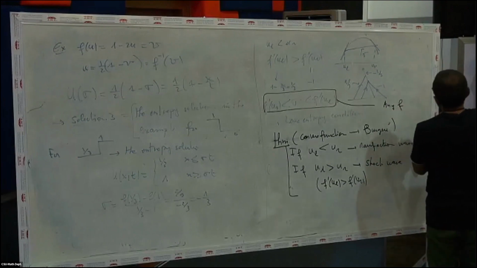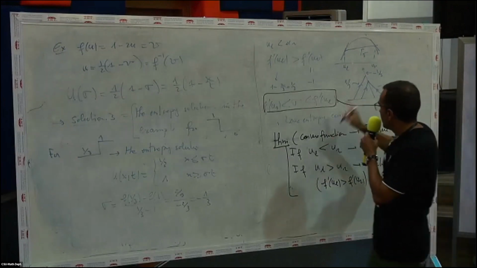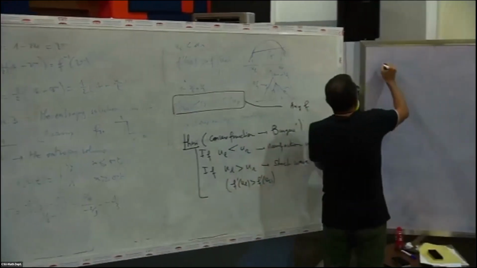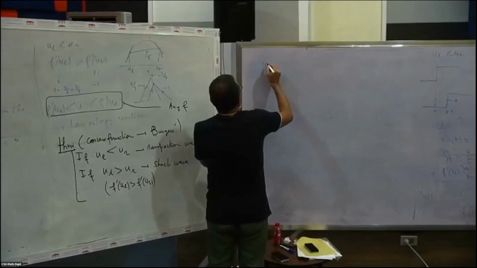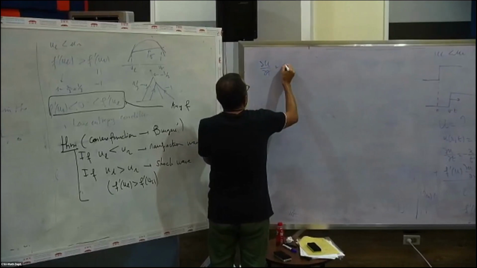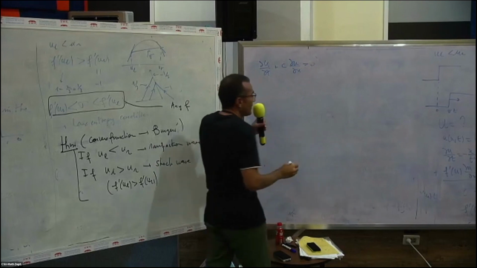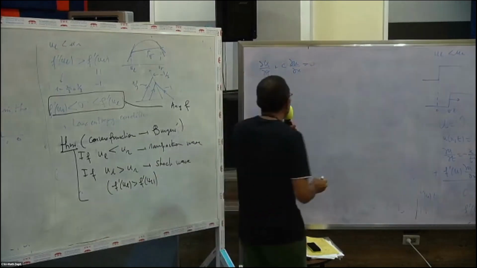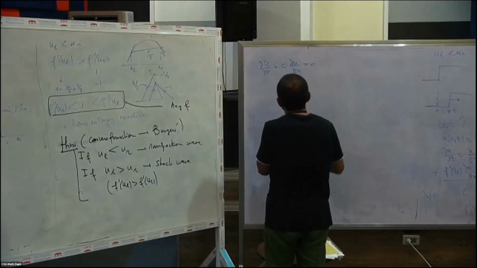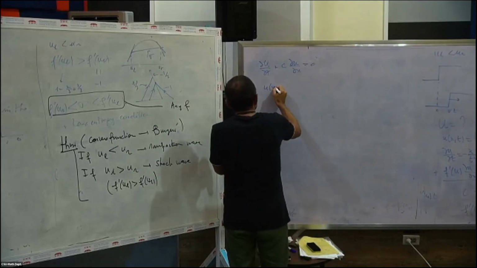So this is convex, concave. Now look at u_t plus c u_x equal to 0. So here f second is 0, the linear case. And you take the Riemann problem also.